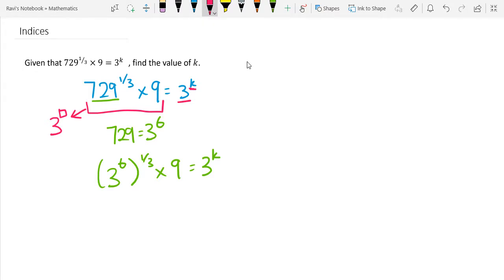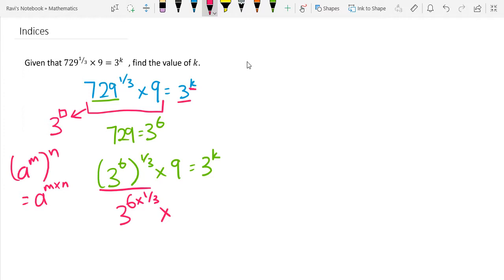This section here, we need to look at the indices rule that says a^m bracket n is equals to a^(m times n). So this resolves to 3 to the power of 6 multiplied by 1/3, multiplied by 9.